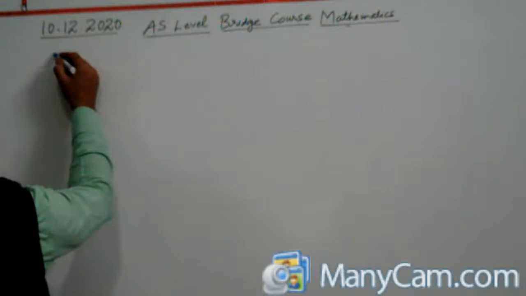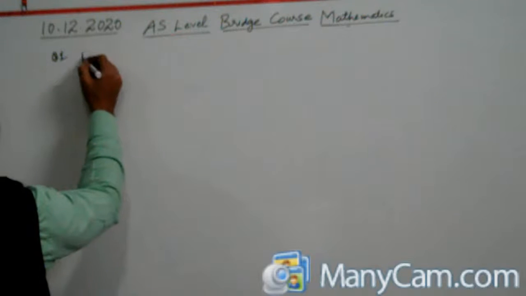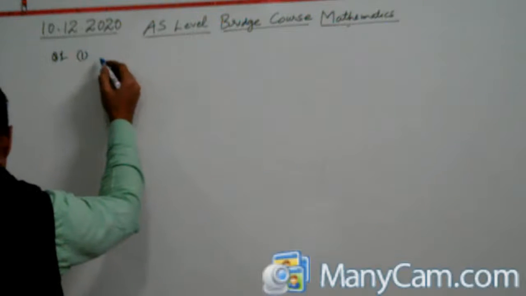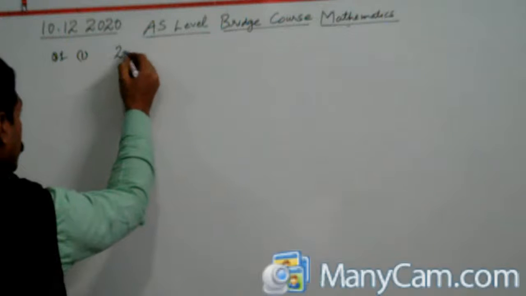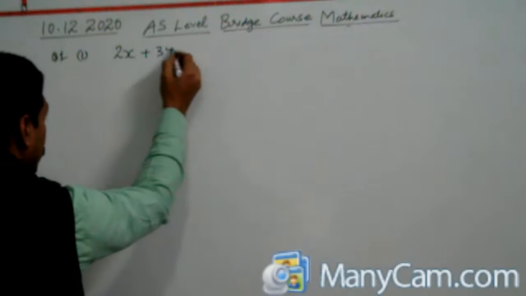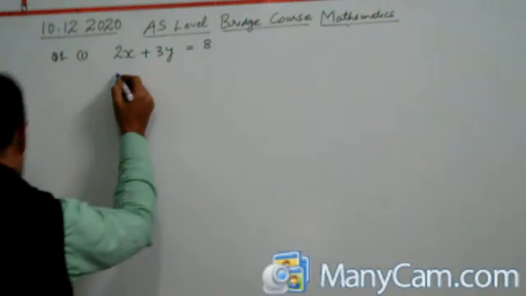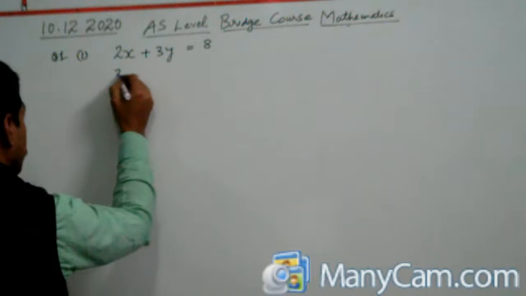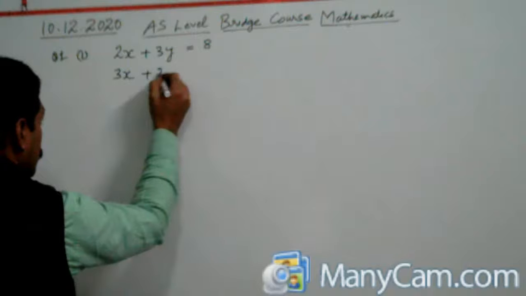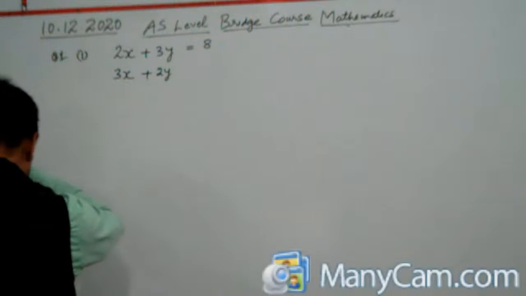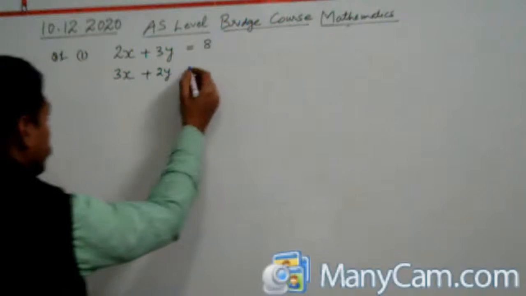Question number 1. The equations are 2x plus 3y is equal to 8 and 3x plus 2y is equal to 7.